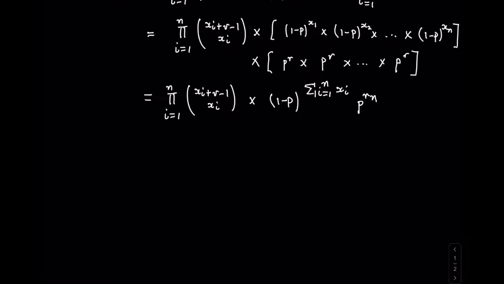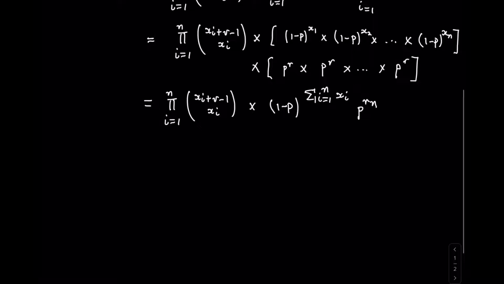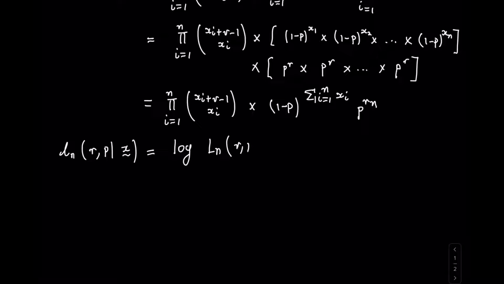All right, now that we've got that, let's move on to the log likelihood function. Recall that the log likelihood function, which I will write as l of r, p given our vector of data, is by definition equal to the log of the likelihood function.